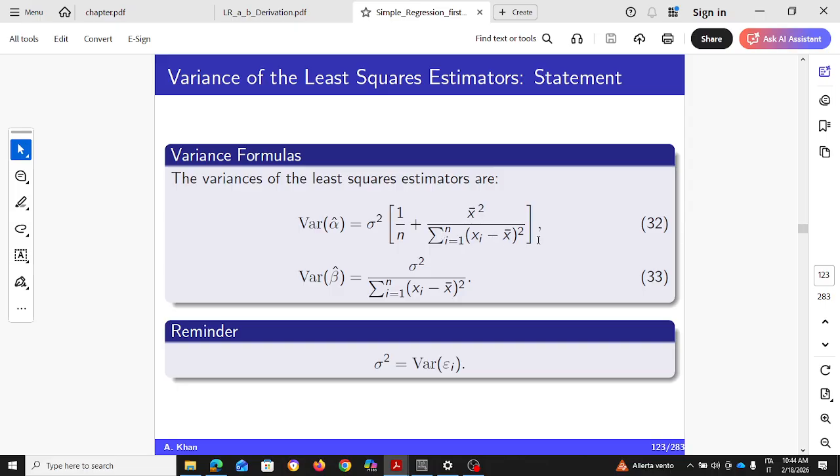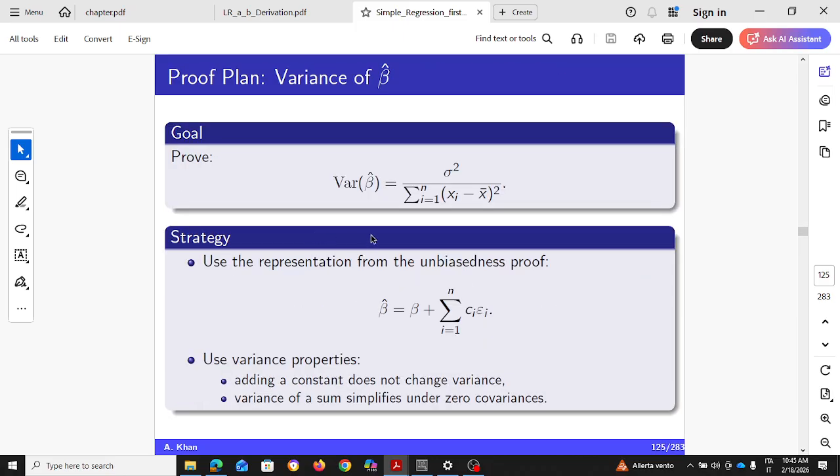So if you have more variability here, you have less variance, okay. Now to prove that the variance of the estimator beta is equal to this term, we use the same notation as before, beta hat is equal to beta plus this term, okay.